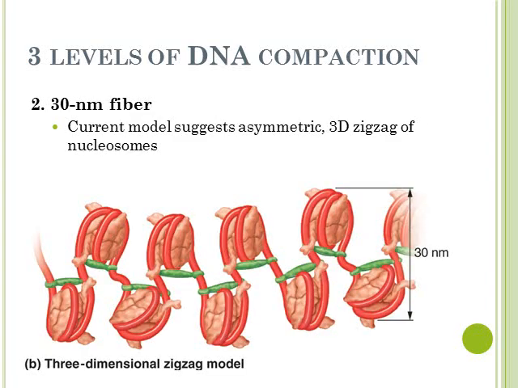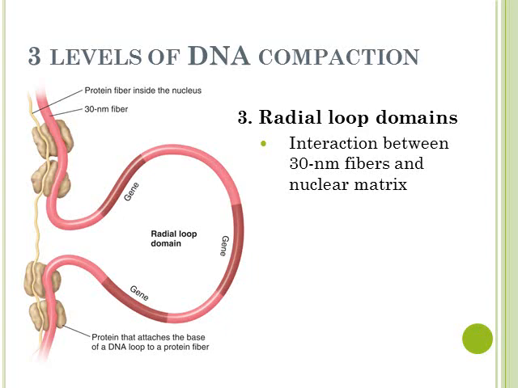Those nucleosomes then zigzag back and forth to form a 30 nanometer fiber. It's called a 30 nanometer fiber because it's 30 nanometers wide. And the current model suggests that the nucleosomes zigzag back and forth from each other. You can see that in the image right here. That 30 nanometer fiber shown here is then going to form radial loop domains.